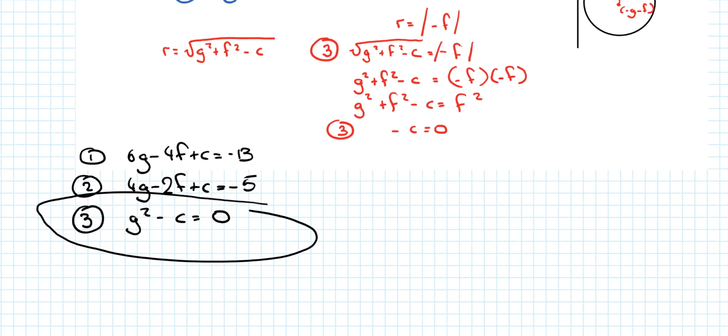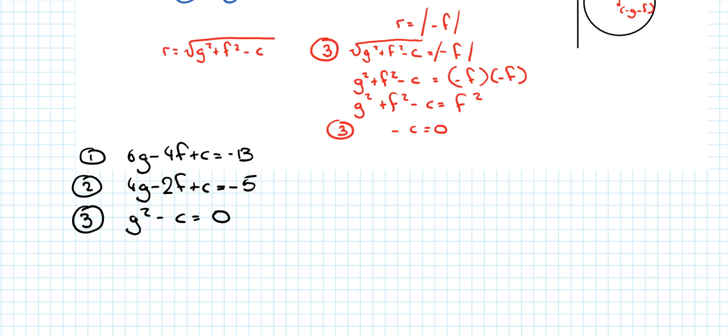This equation is kind of jumping out at me a little bit, because it has g's and c's. It only has 2 unknowns, so that's quite nice. Anything else that I can do? No, not really. I'd probably try and isolate c in equation 3 here.